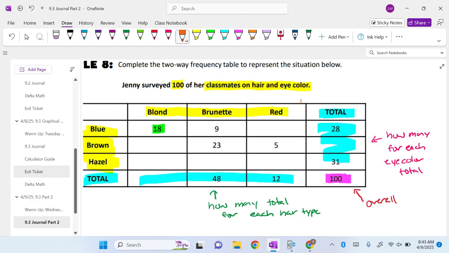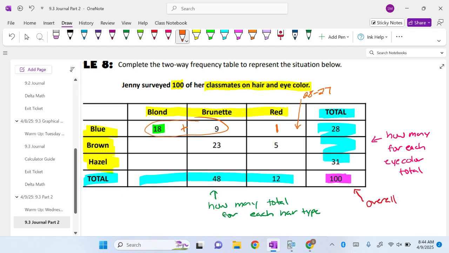So to get this one, we're going to do 28 minus 27. And the 27 came from adding these two categories together. And 28 minus 27 is 1. So only one person had both red hair and blue eyes.